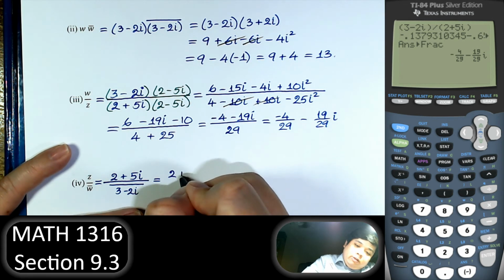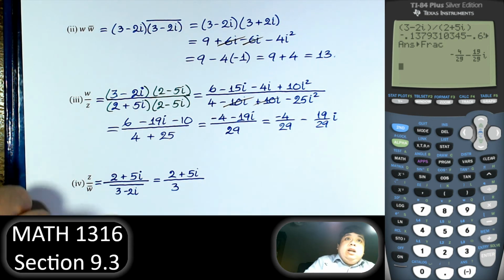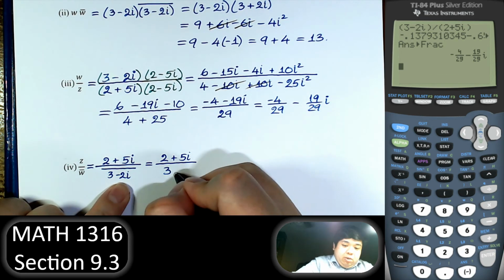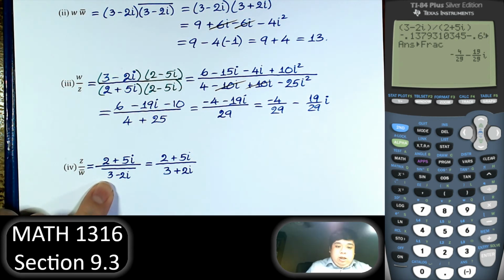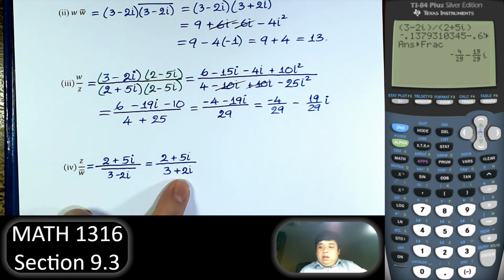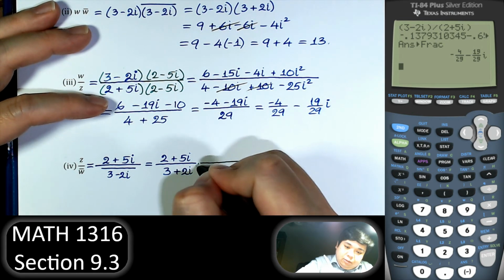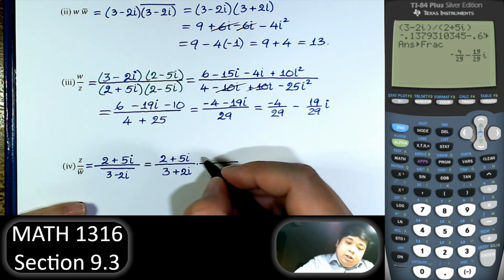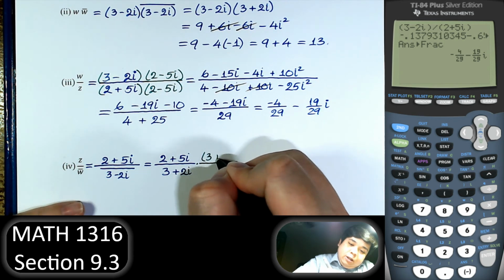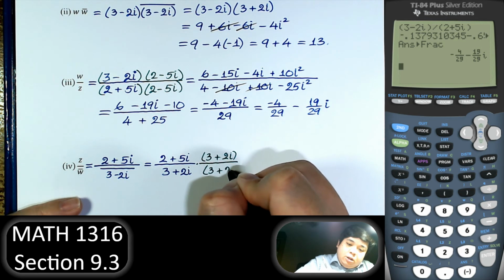So 2 plus 5i divided by 3 plus 2i, since the conjugate of 3 minus 2i is 3 plus 2i. Real parts stay the same. Imaginary part turns to the opposite.